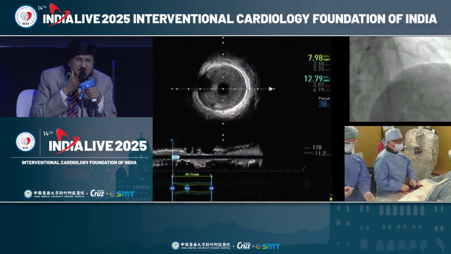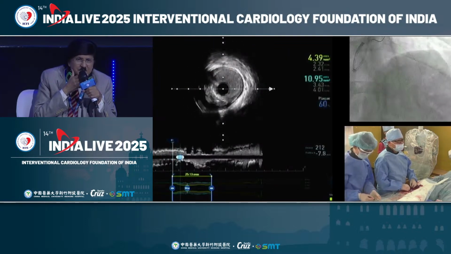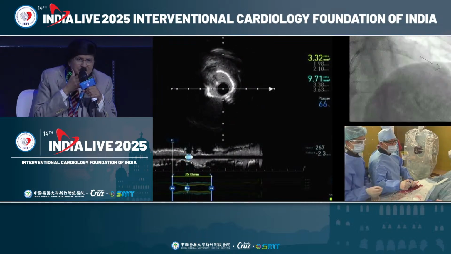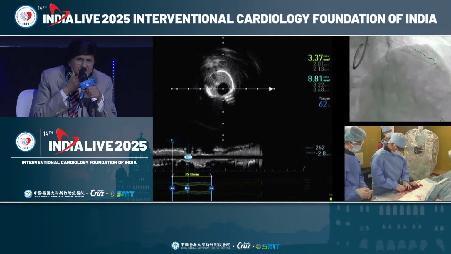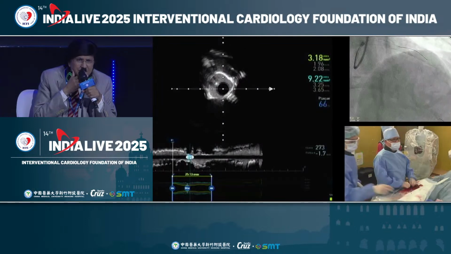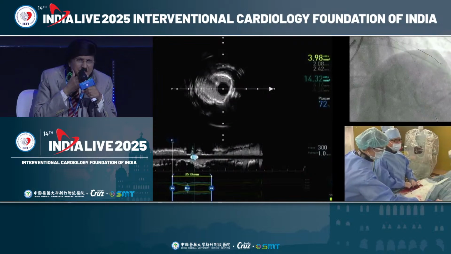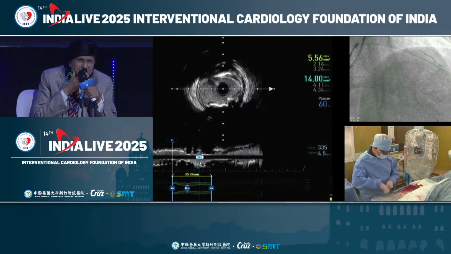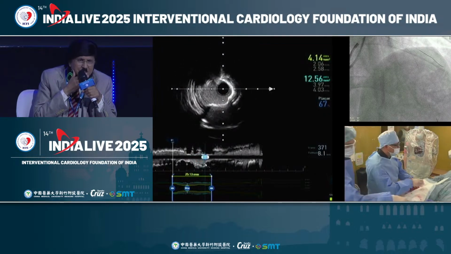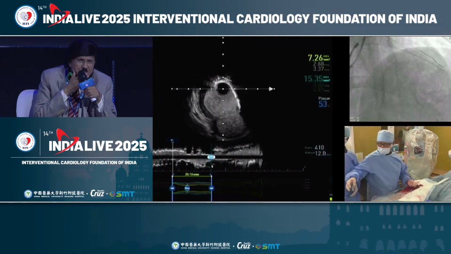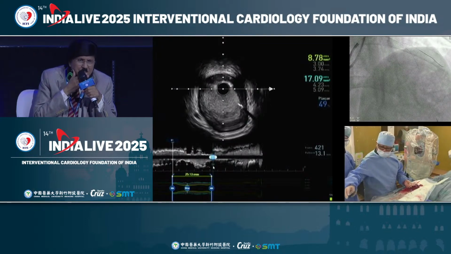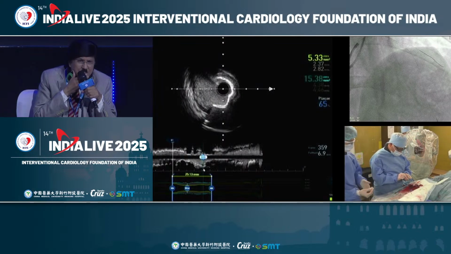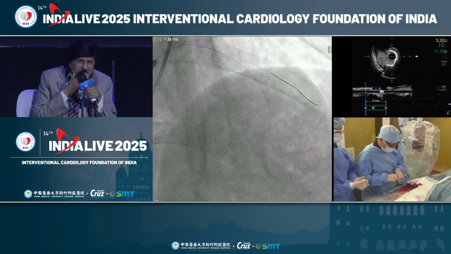Looking at the more proximal part, this is calcium. The calcium is abraded, and more proximally the lumen diameter is over 2.1, which means the calcium is well abraded. Looking at the more proximal part, we can see some cracks after the rotablator. And this is a diagonal. Anyway, I think the rotablator can work well. Thank you very much.